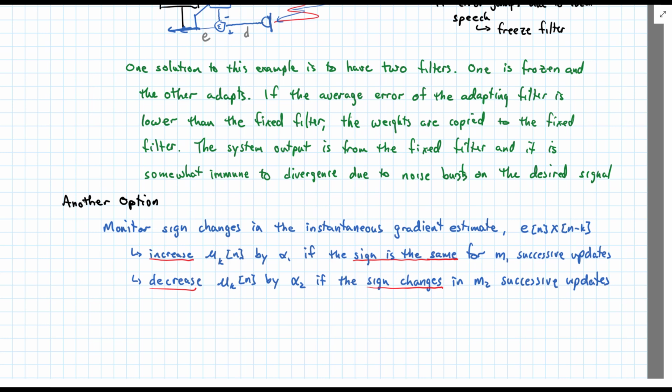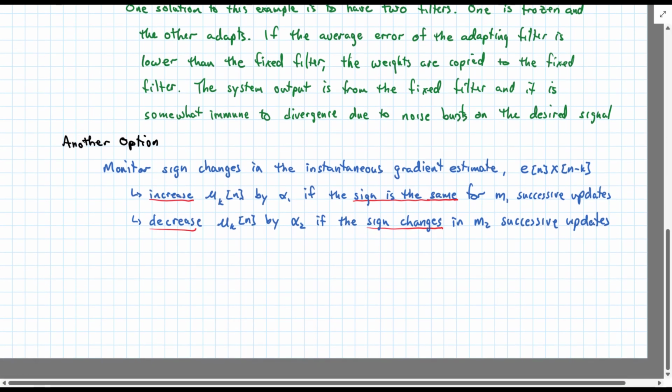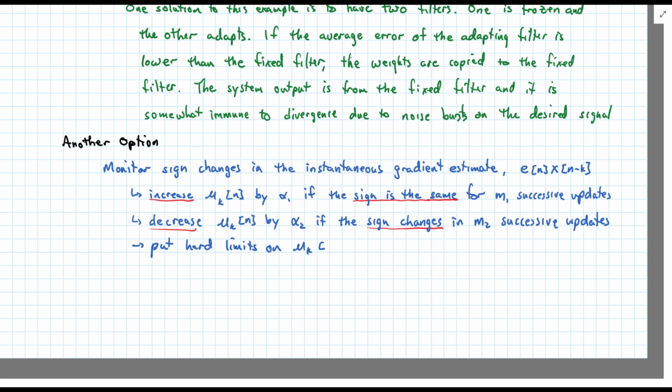So we also want to put hard limits on what mu k can be. We don't want it getting too large, and we don't want it getting too small. And one thing to notice here is that we've introduced a new subscript to mu. That's k.